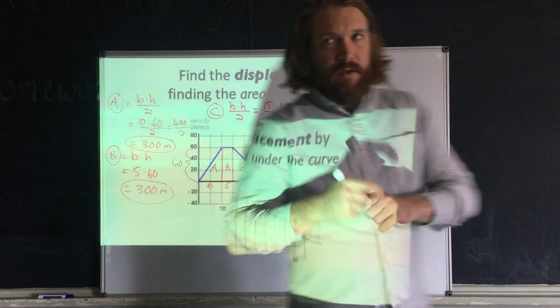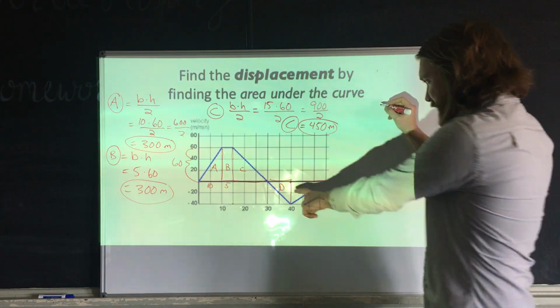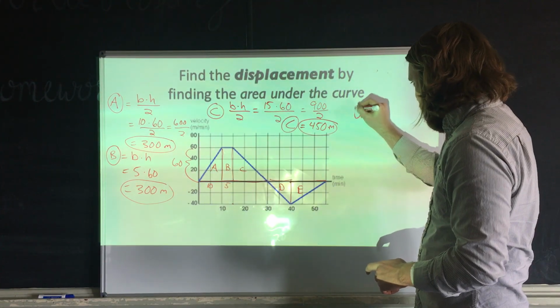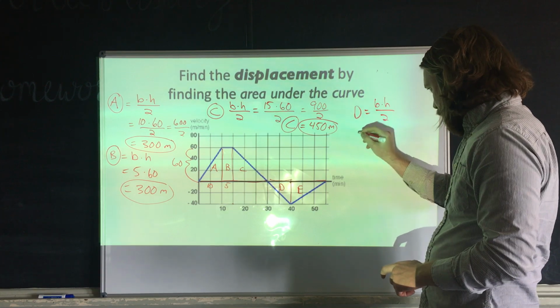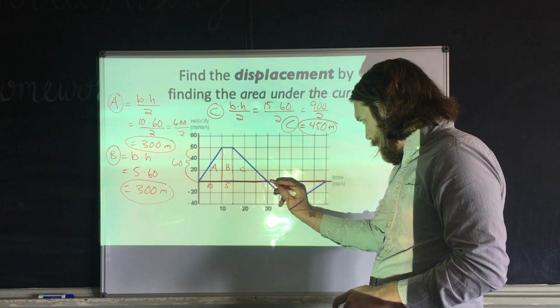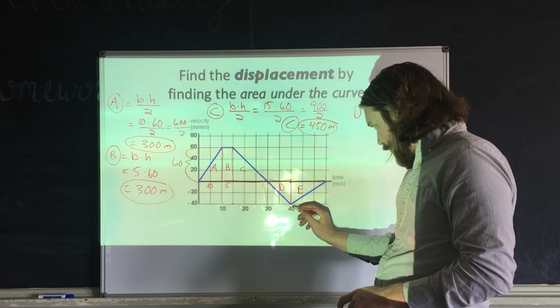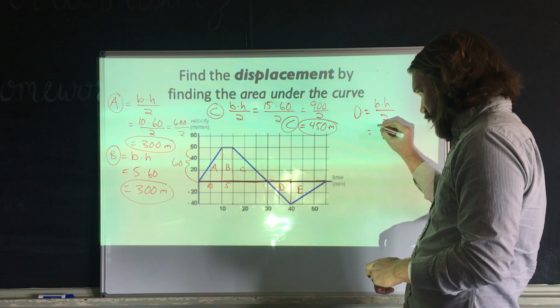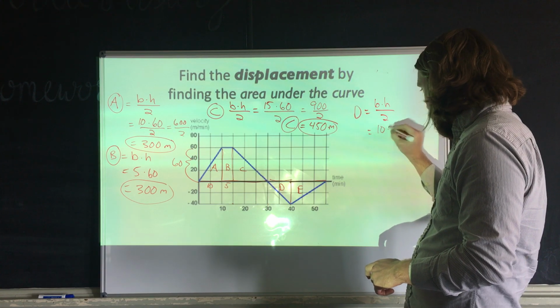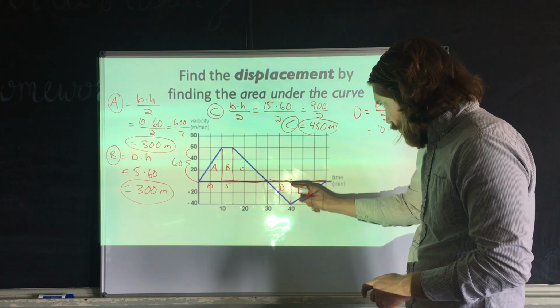All right. 2 more. We got D. D is another triangle, so that's base times height divided by 2. Okay, let's look at the base here. The base here goes from 30 to 40. 40 minus 30 obviously equals 10. And now my height here, ooh, look at that.